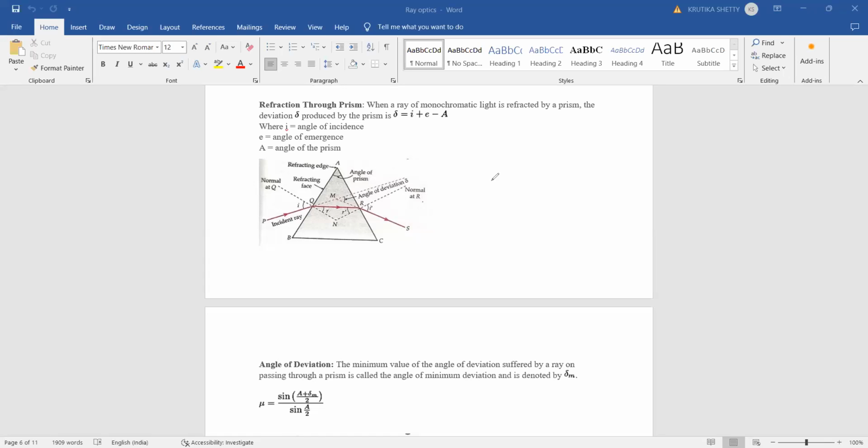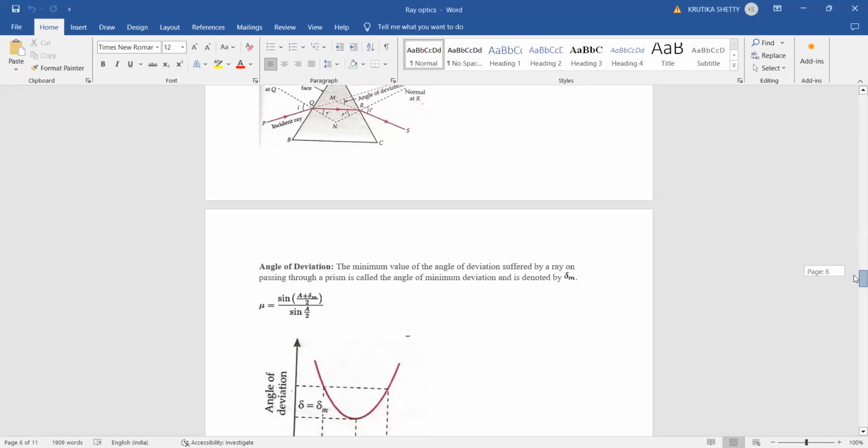In the prism formula, the refractive index n or mu is equal to sin of (A plus delta m) by 2, whole divided by sin of A by 2. Here A is the angle of the prism, and delta m is the angle of minimum deviation. Okay, so that is the prism formula.